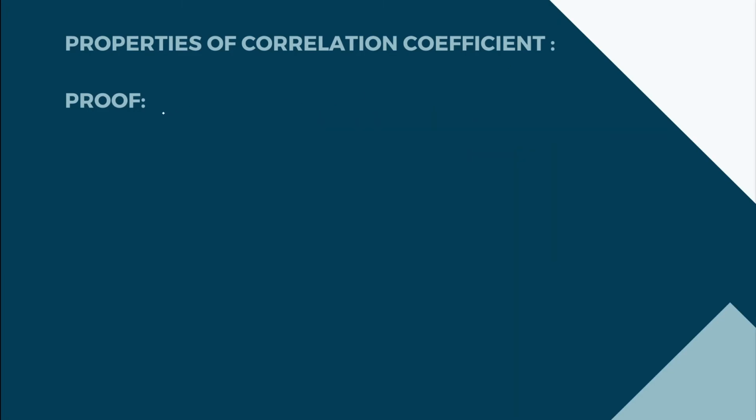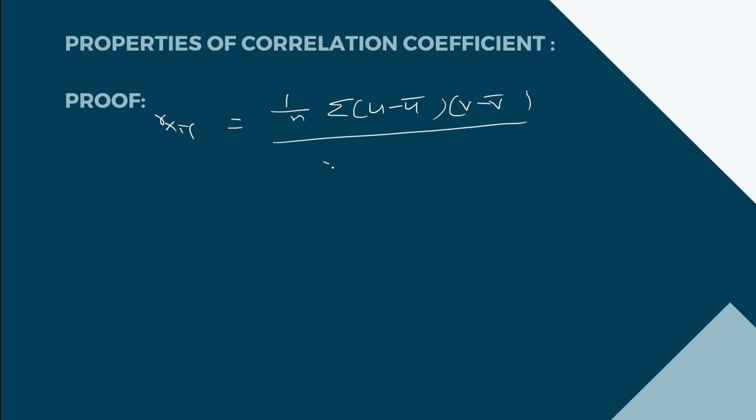r x y, correlation between x and y, is equal to 1 upon n summation (u minus u bar) multiplied by (v minus v bar) divided by sigma u into sigma v. This is nothing but covariance between u v divided by sigma u multiplied by sigma v.